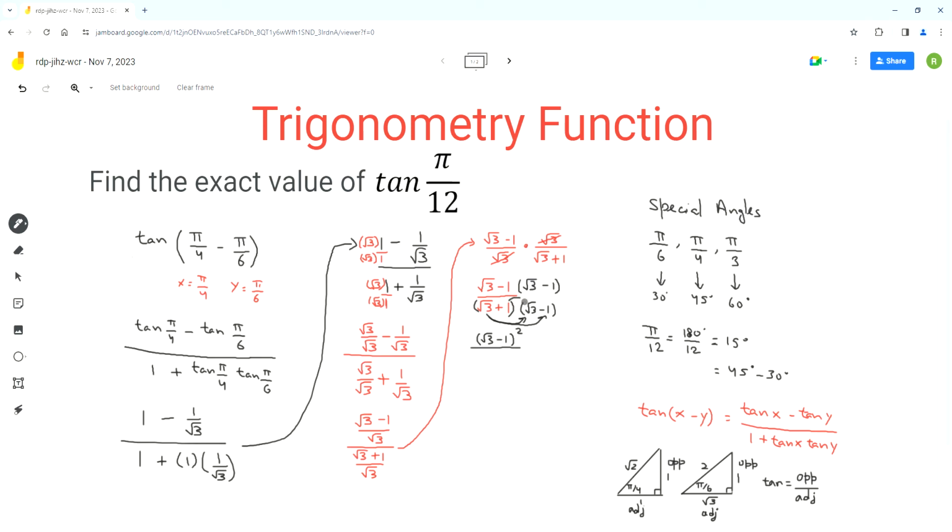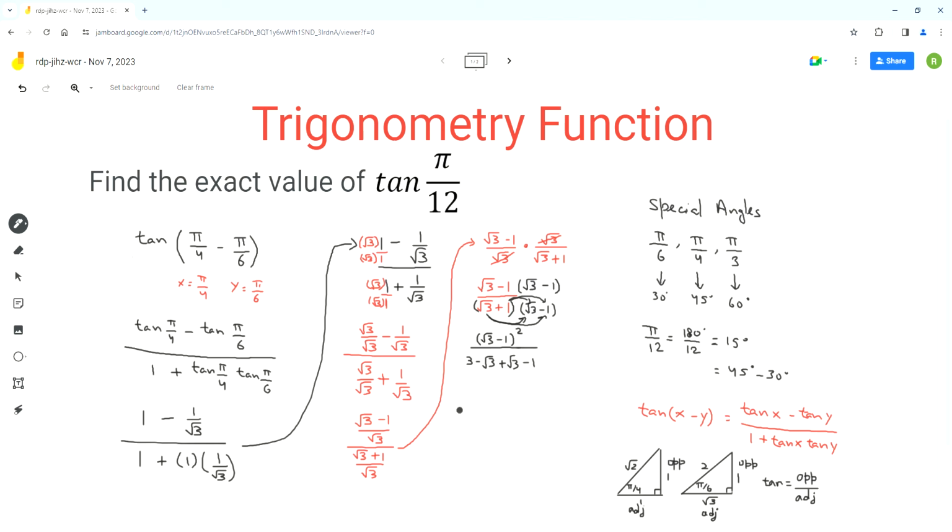We get 3, since square root 3 times square root 3 is 3. And then square root 3 times minus 1 is negative square root 3. And then 1 times square root 3 is positive square root 3. And then 1 times negative 1 is minus 1.